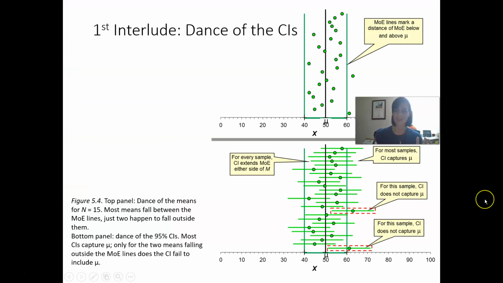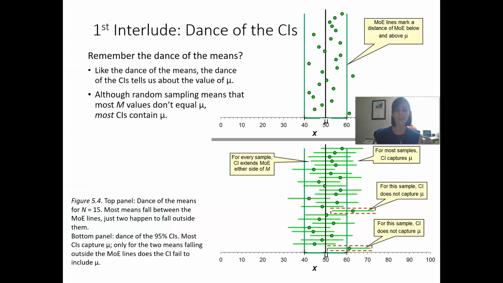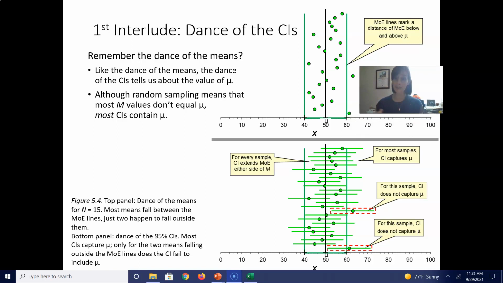So now let's talk about this a little bit. We did the dance of the means, and everything that I have just done for you is what we call the dance of the confidence intervals. So this can tell us about the value of mu. Now, random sampling does mean that most of our sample means will not actually equal mu, but they will be captured by most of our confidence intervals.